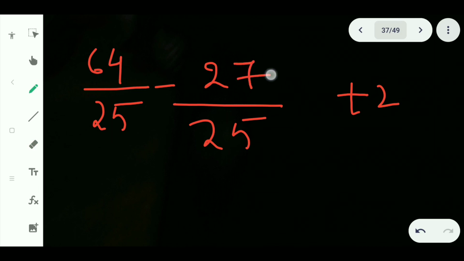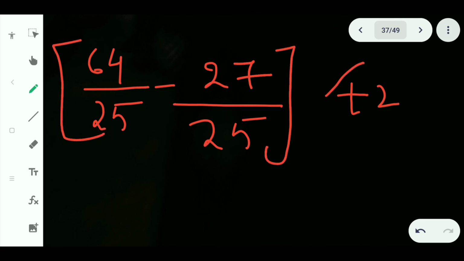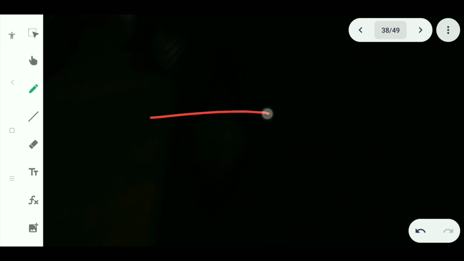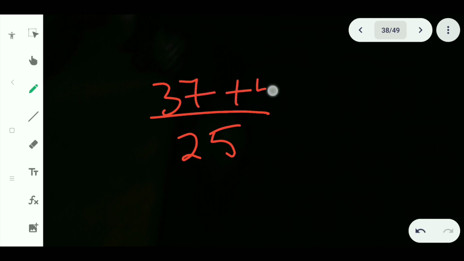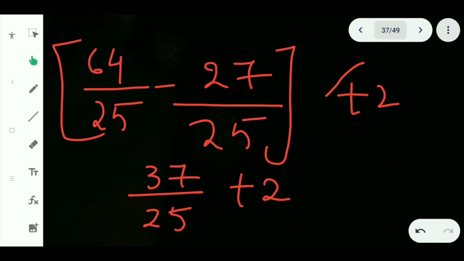Now you can perform the simple addition. First do this one and then you can go to plus 2, because these have the same denominator, 25. 64 minus 27 gives 37. So 37 divided by 25 plus 2, and here taking the LCM we are getting 25 into 2, nothing but 50.